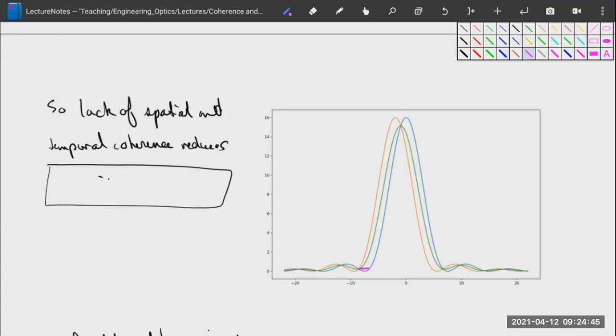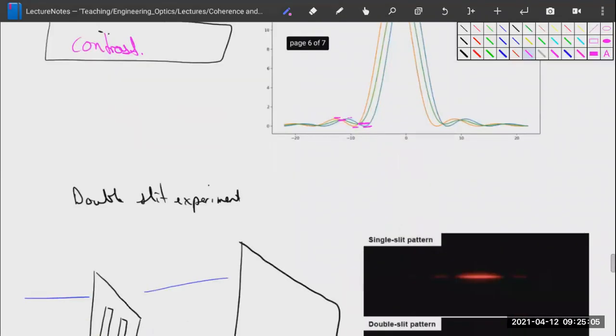Here's the minimum there, and the minimum for the blue and the orange is lower. And the peak is lower for the first lobe, right? The first lobe is here, and it's a little bit lower than the other lobes. So a lack of spatial and temporal coherence reduces contrast. So that brings us to the double slit experiment.